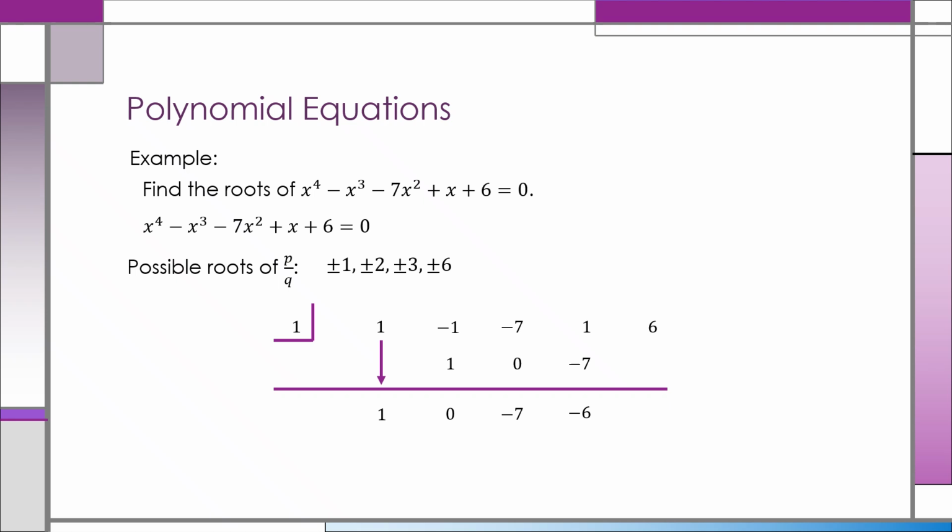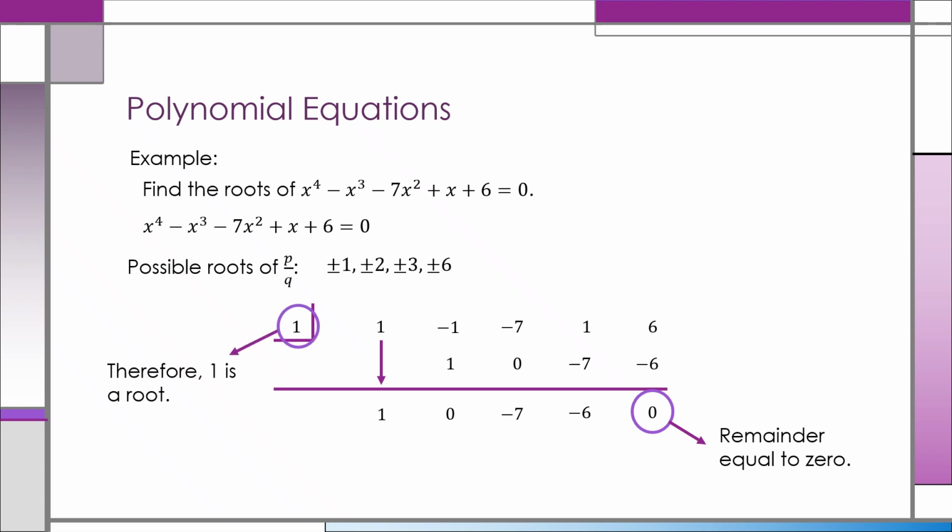Negative 6 times the window, which is negative 6. 6 plus negative 6, 0. And remember that our remainder now is 0. Since the remainder is 0, therefore, this is your root. So let's list down all the roots first, starting off with 1 as your real root.